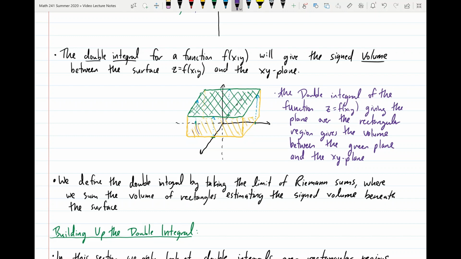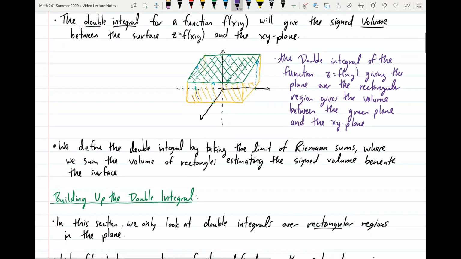And let's say we want to take the double integral over the region R, which is given by that rectangular region inside of the x y plane in yellow. Then the double integral will give us the volume between the two planes, between the green plane and the yellow region down in the x y plane.